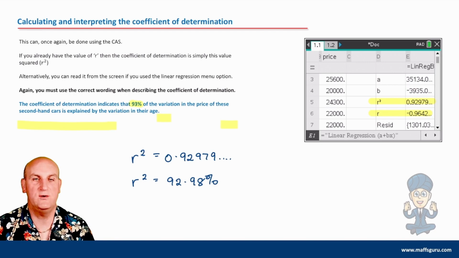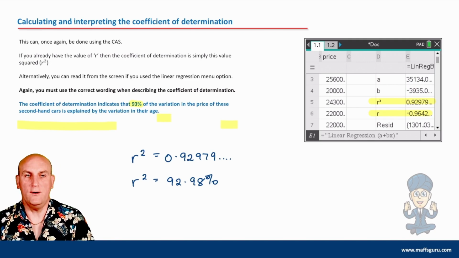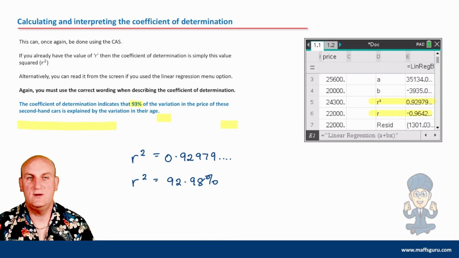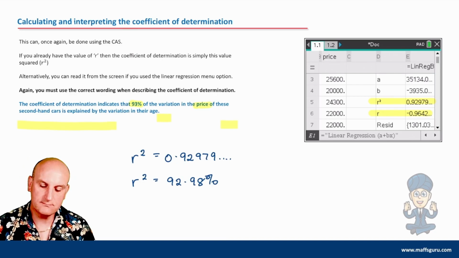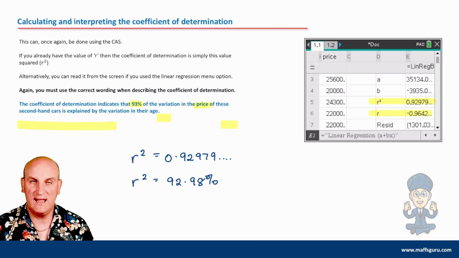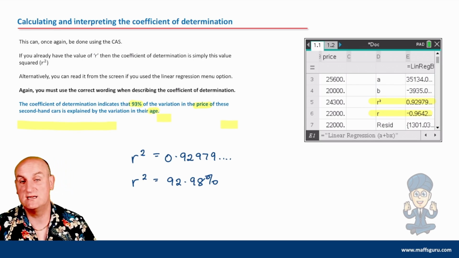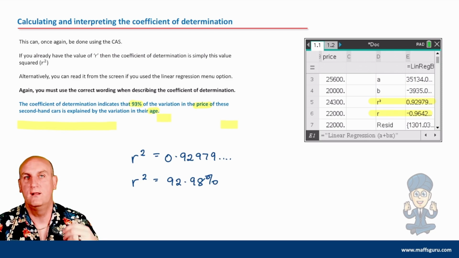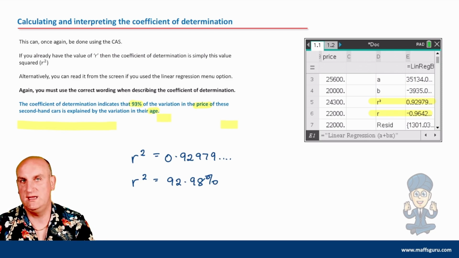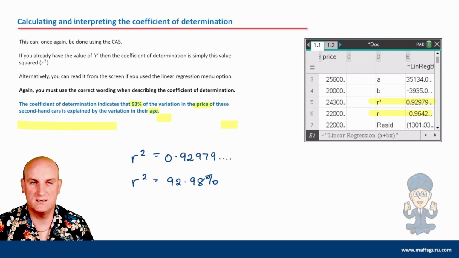So in that situation, if you had 64%, the coefficient of determination indicates that 93% of the variation in the price, again, that you would change to your RV of these second-hand cars, is explained by the variation in their age. So the only 3 things you need to change there, realistically speaking, is the context of the question, the percentage, and the 2 EV and RV words that have been used.